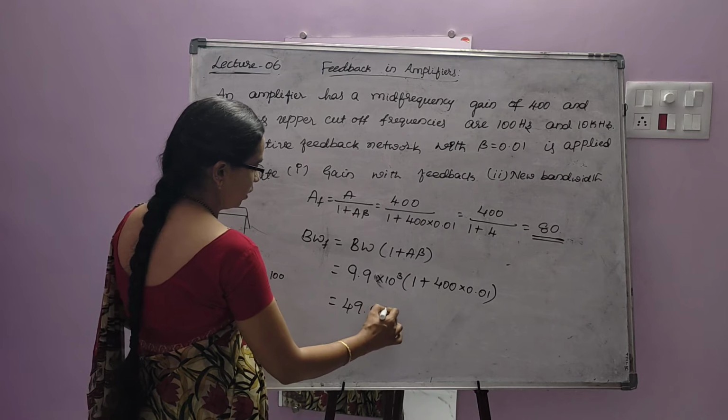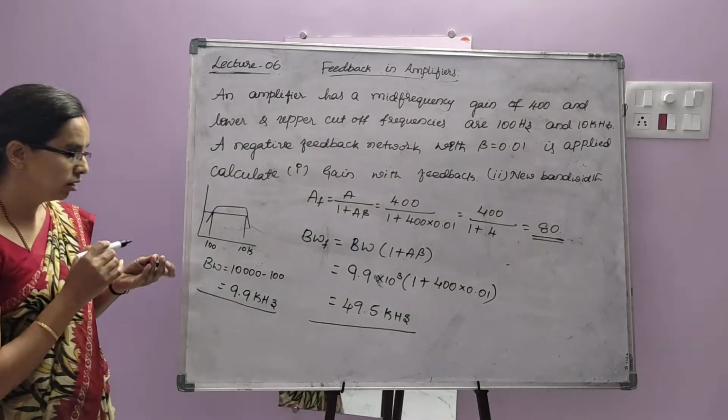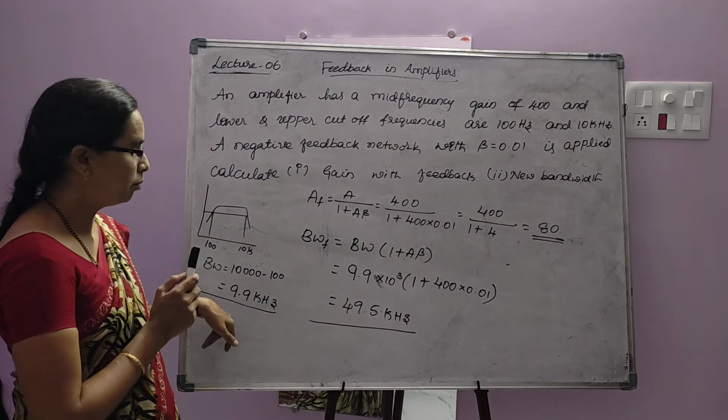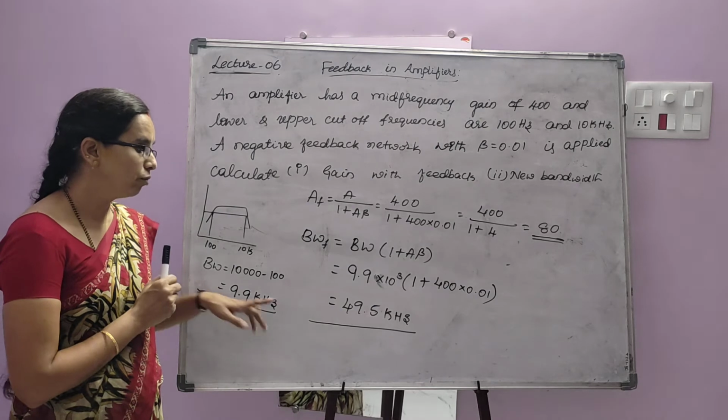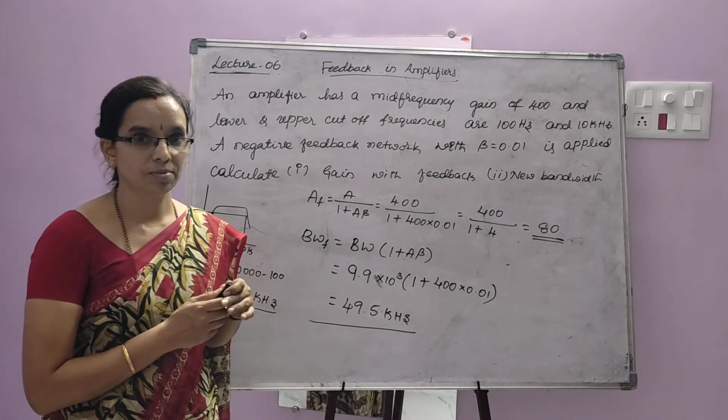That gives 49.5 kilohertz, which will be the bandwidth after feedback. Before feedback it was 9.9 kilohertz, and after feedback it will be 49.5 kilohertz.